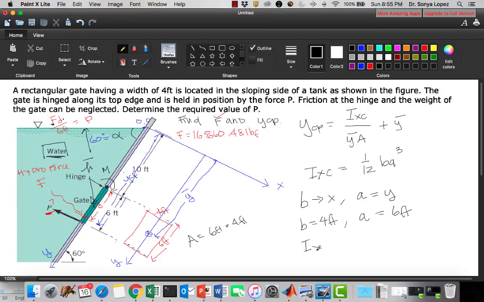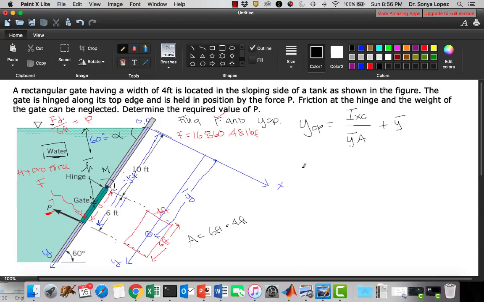So IXC is 1 over 12 B, 4 feet multiplied by A, 6 feet quantity cubed. Now do you see how this could be very dangerous? Because if you mix these numbers up, you're cubing the wrong number. So IXC is going to be 72 feet to the 4th power.